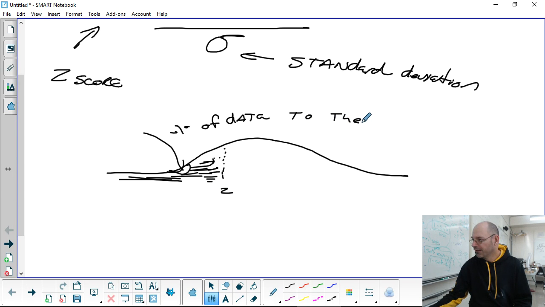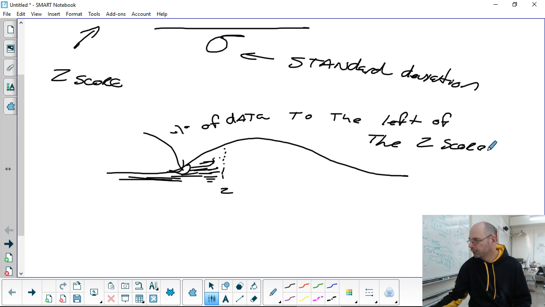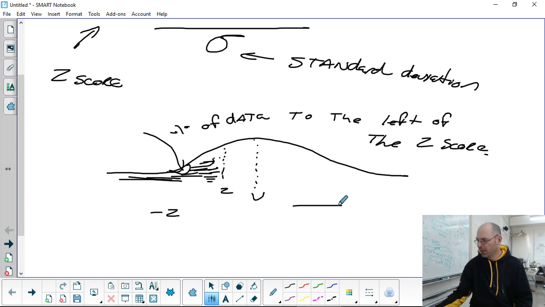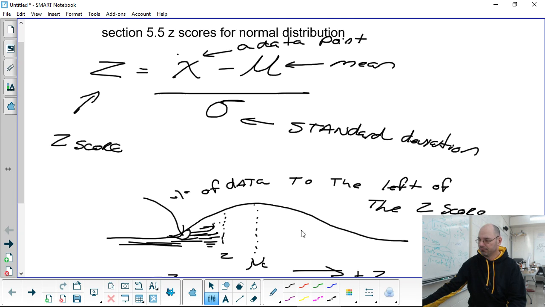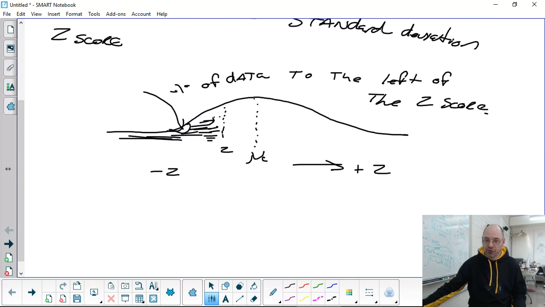Right at the mean is here. Everything below the mean is a negative Z-score. Everything above the mean is a positive Z-score. Okay. So let's do a couple of examples using this formula on some data. Let me just pause here and find a couple, and then we'll work them out.